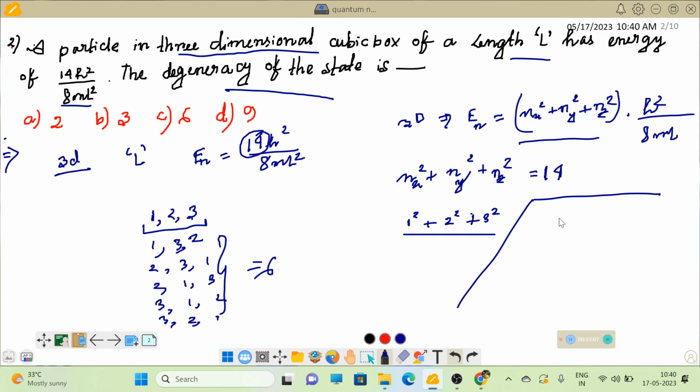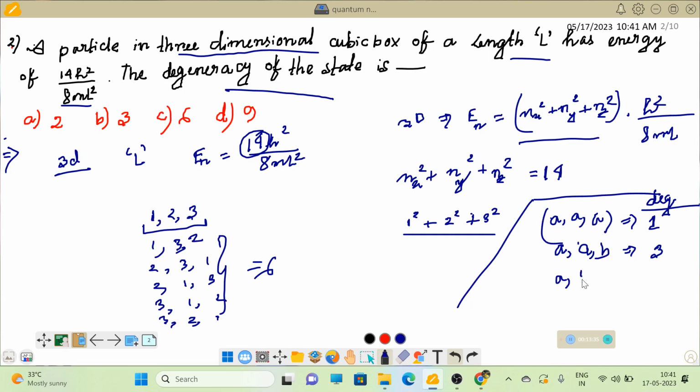So if the three numbers are similar, we will get only one degeneracy. If only two numbers are common, you will get 3.